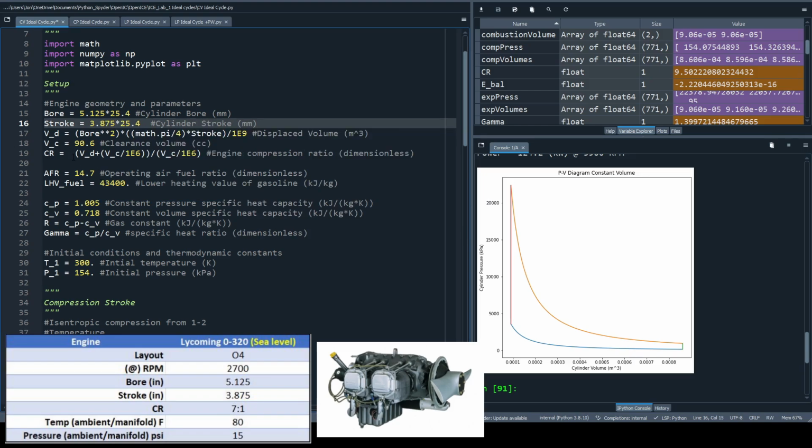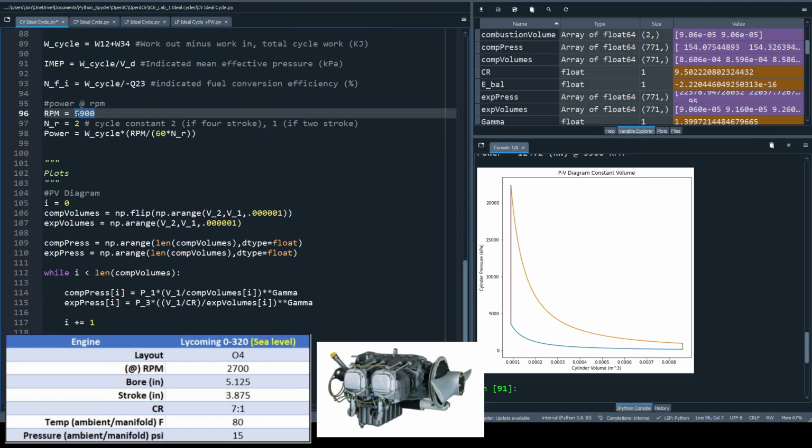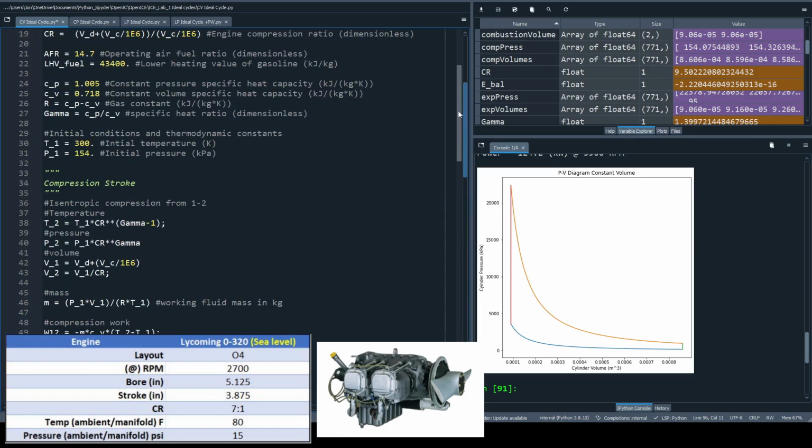And then we're going to really need to bump up our clearance volume because not only is this a huge cylinder, but the compression ratio is also super low. So 218 for our clearance volume. Down here, our rated RPM is going to be 2,700. And then I'm just going to put the initial conditions back to our standard day.